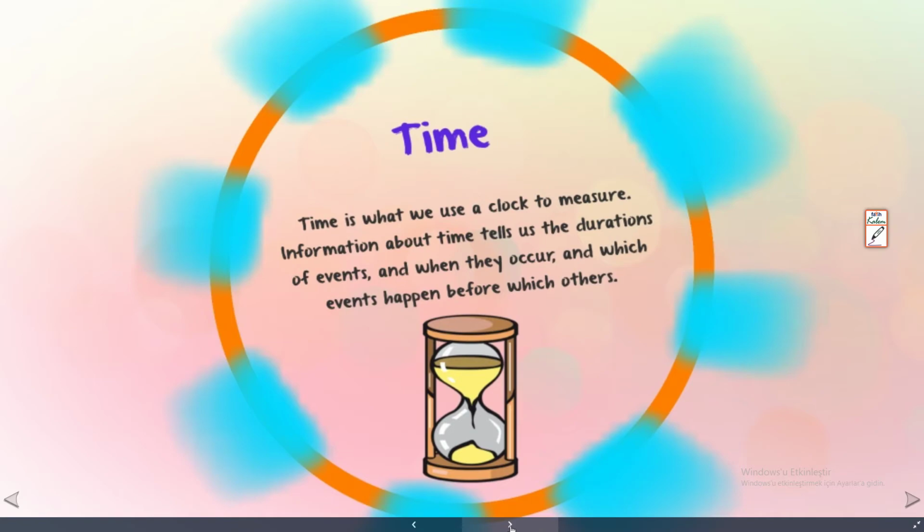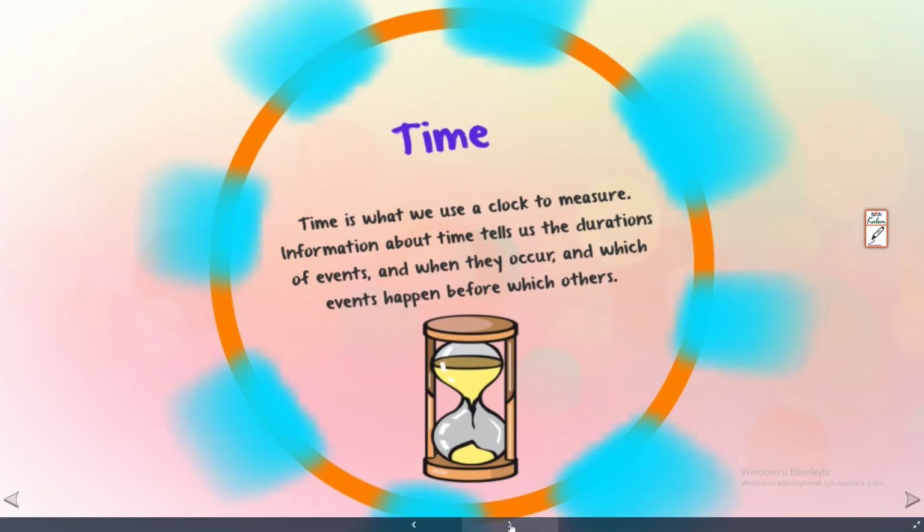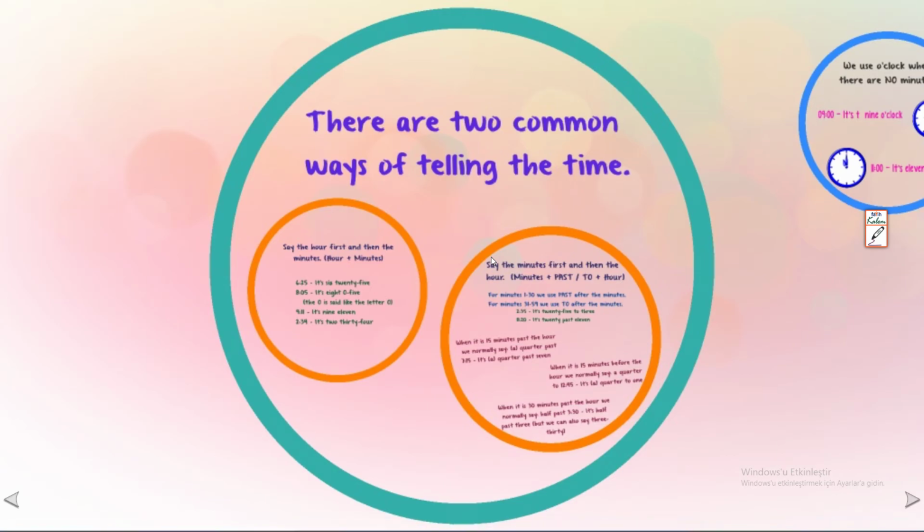Time is what we use a clock to measure. Information about time tells us the durations of events and when they occur, and which events happen before which others. Okay, there are 2 common ways of telling the time.